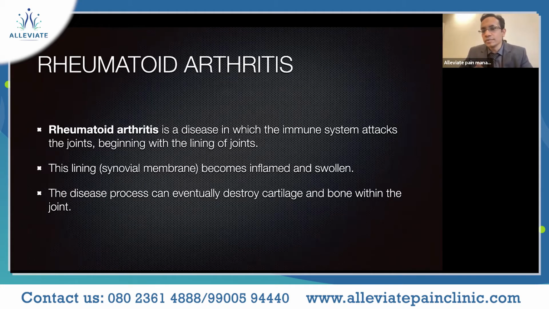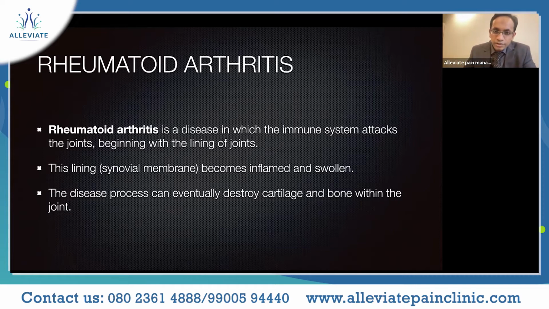So this synovial membrane becomes inflamed and swollen. This is referred to as a destructive disease, which has a destructive process. This process can eventually destroy the cartilage and the bone within the joint as well. Rheumatoid arthritis is usually seen in the younger population as opposed to osteoarthritis, which is seen in the older population.